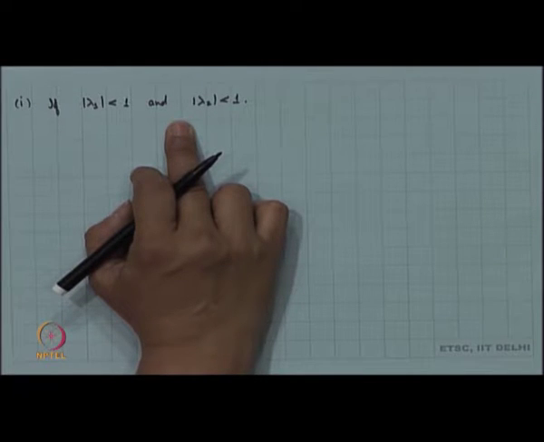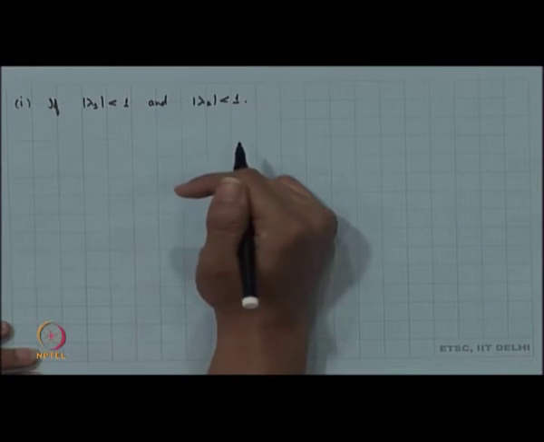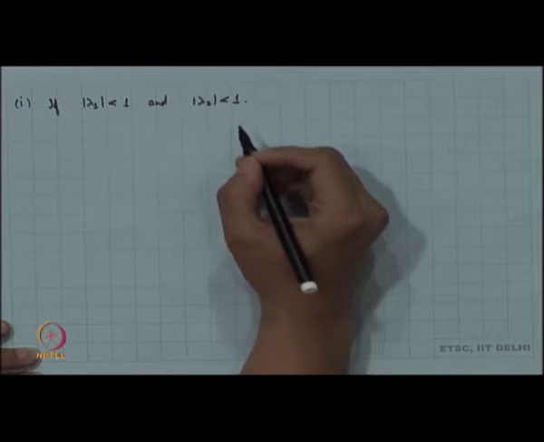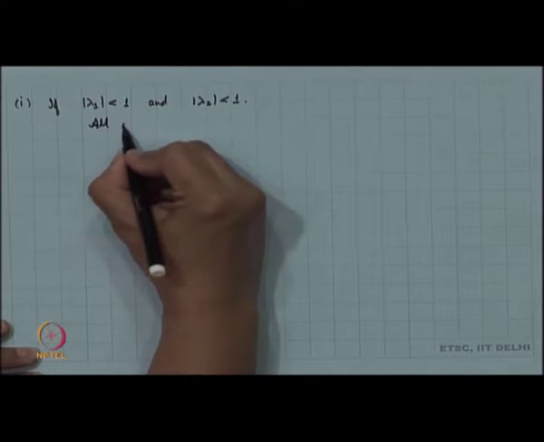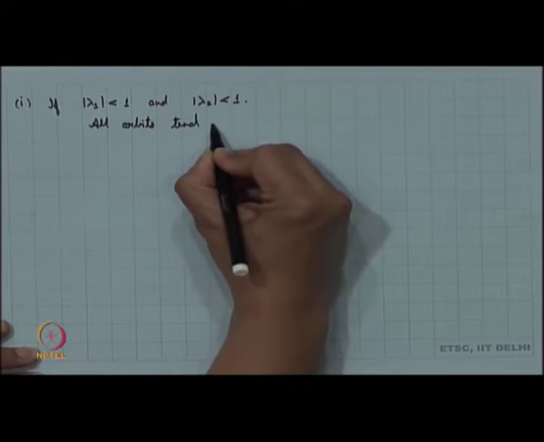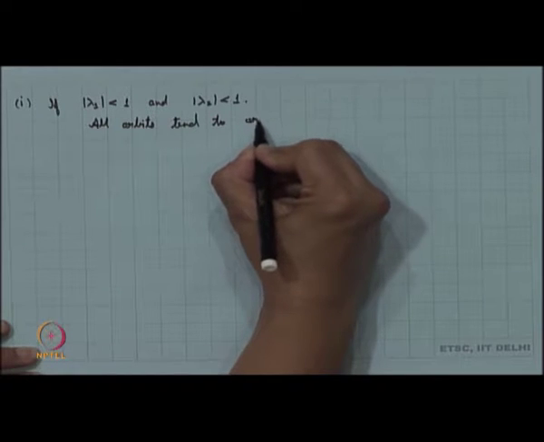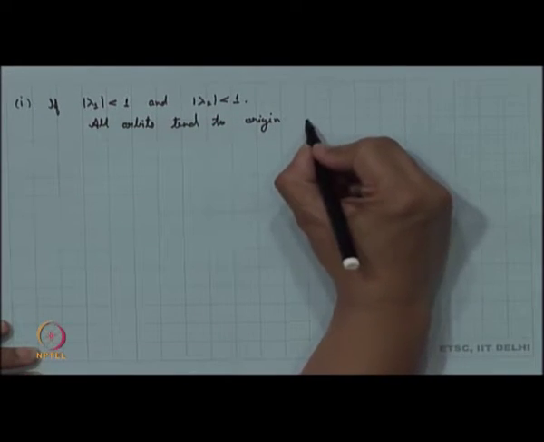Every orbit asymptotically tends towards the origin. So, in this case, all orbits tend to the origin as n tends to infinity.